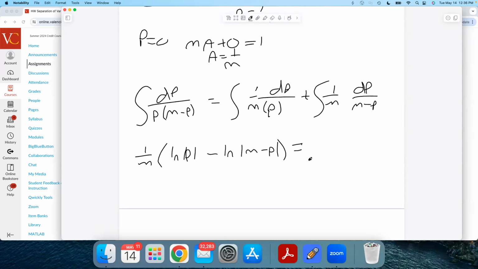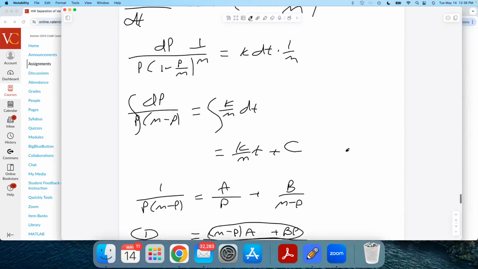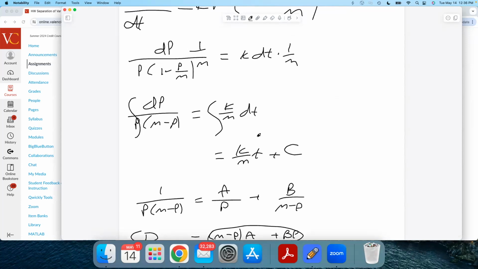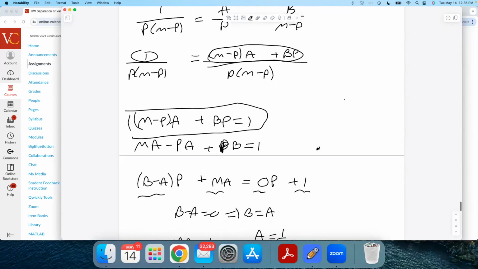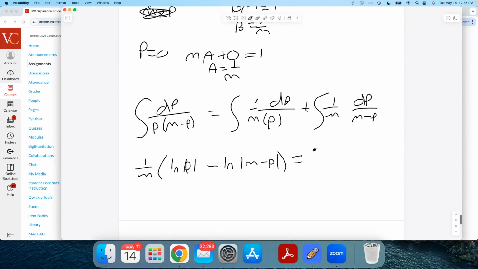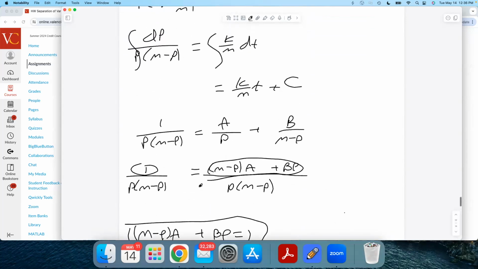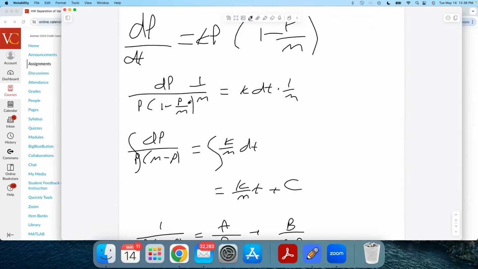And then what did we get on the other side? K over M T plus C. Okay, so first I'm going to clear out these M's. Again, if you go watch anybody else do this problem, most people do not bother with clearing out the M here at the beginning.